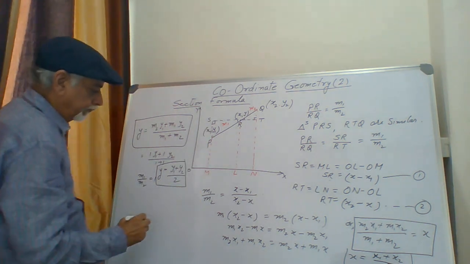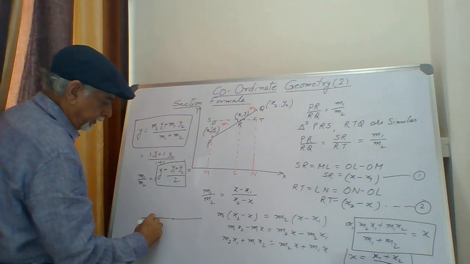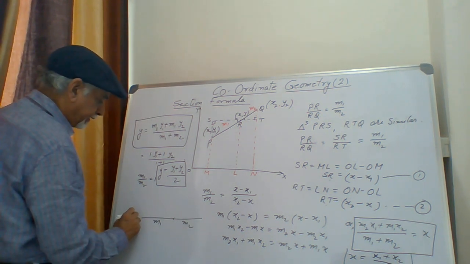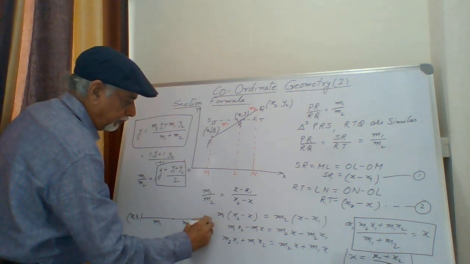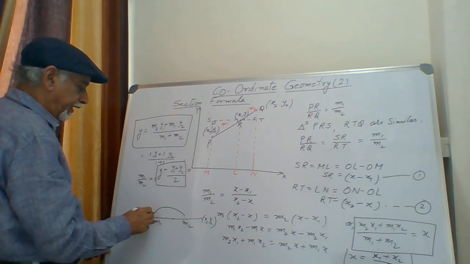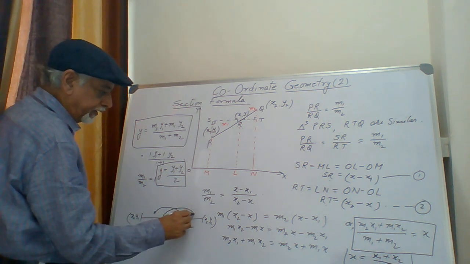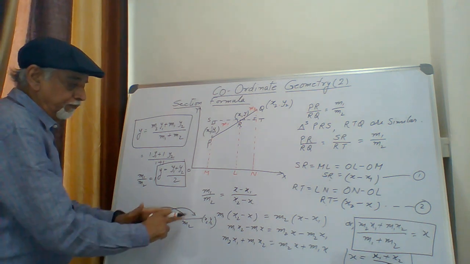Remember one thing: when you are finding the section formula, when the line is divided in the ratio M1, M2 between two points x1 y1 and x2 y2, how to remember this? M2 will be multiplied with x1 and M1 will be multiplied with x2. Never multiply M1 with x1, M2 with x2.